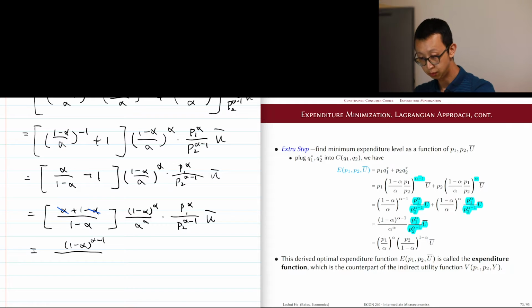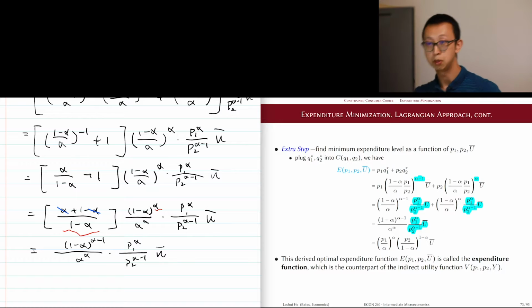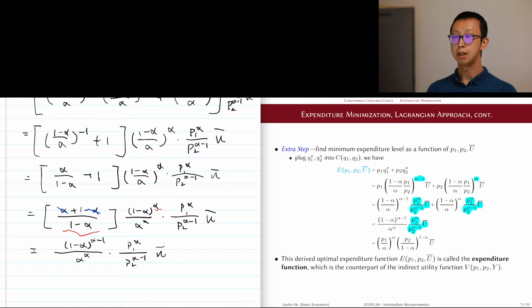The power minus 1 is coming from the bottom term here. The power of alpha is coming from the term up there, all right? And then I have this term divided by alpha to the power of alpha times P1 to alpha, P2 to the power of alpha minus 1 times U bar. And that is our line here.